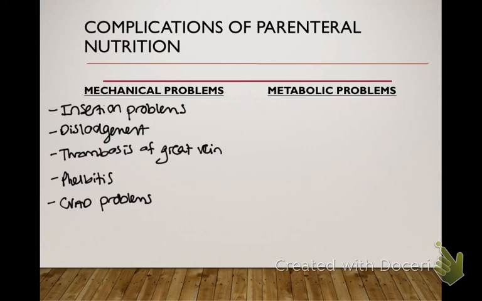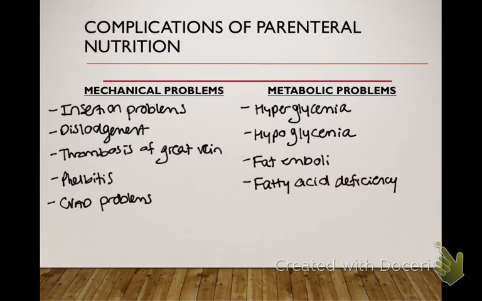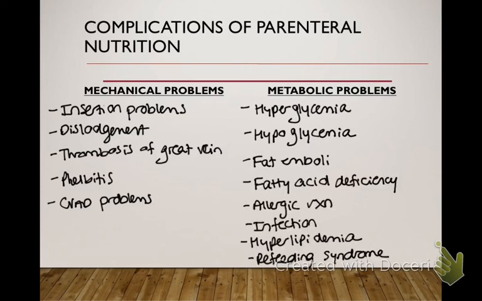But more often, we see these metabolic problems, right? We're giving them a bunch of stuff. So if we give them 20 to 30% of dextrose, what can happen to their sugars? It goes up, right? We're giving them all this sugar. How can we as a nurse know that they're hyperglycemic?